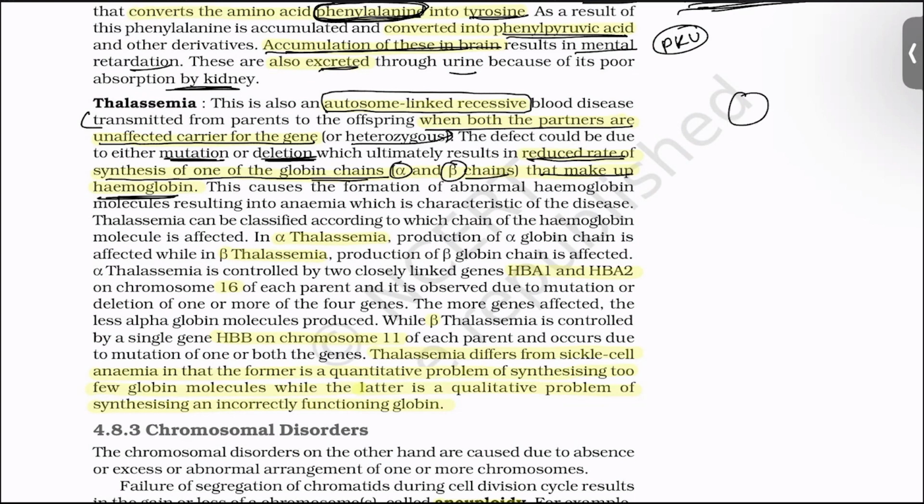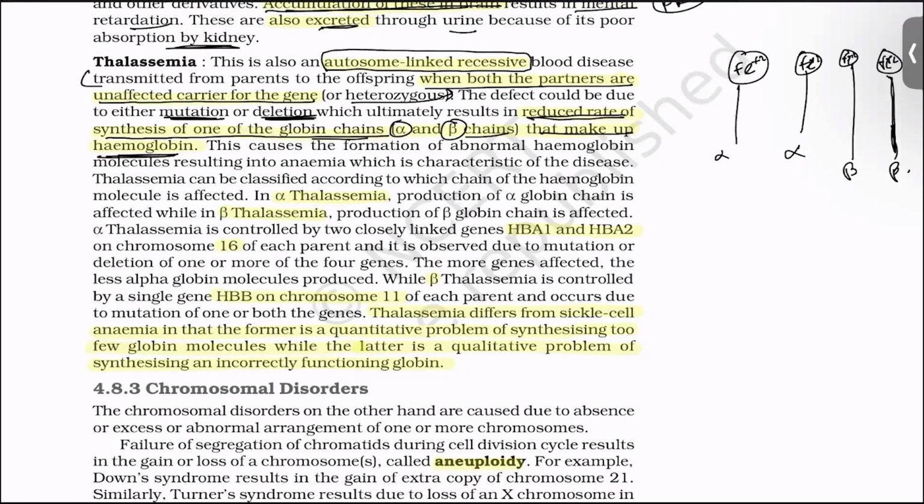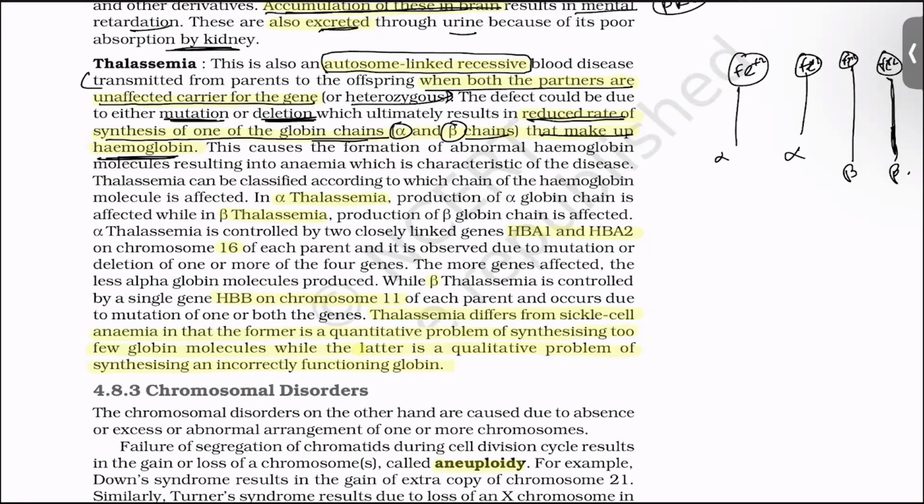So, this is the structure of hemoglobin in the RBC. This is Fe2+, Fe2+, Fe2+, and another Fe2+. Two of the polypeptide chains are alpha and two of the chains are beta. But in thalassemia, what happens is one of the polypeptide chains may get deformed.